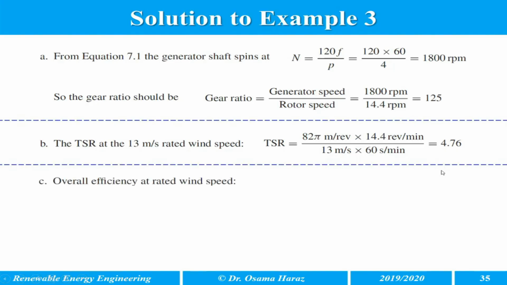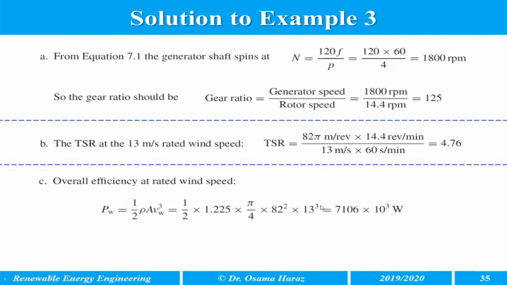The overall efficiency at rated wind speed: first of all, we need to calculate the wind power from the formula half rho A V cube. Half rho is known as a constant, A is the area, pi over 4 D squared, times the wind velocity cubed, 13 cubed.